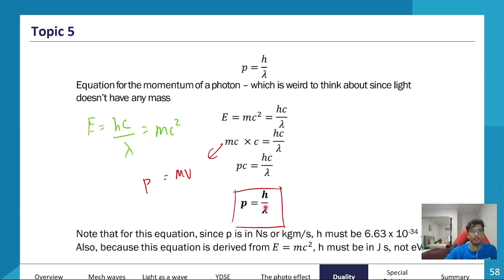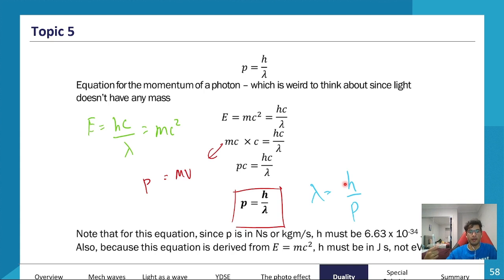We know momentum is equal to h, which is Planck's constant, divided by wavelength. What I can do is switch the momentum and the wavelength. So now we have wavelength is equal to h divided by p. This is where things start to get interesting. And the thing is, everything has momentum.